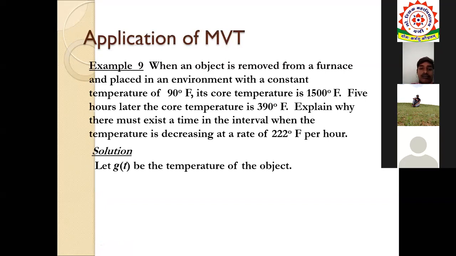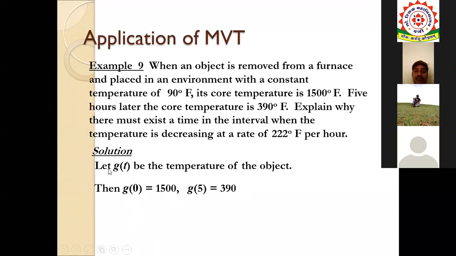Consider temperature. Two points are given. The initial temperature is 1500 and the final temperature is 390. At time 0 it is 1500, and after 5 hours it is 390.